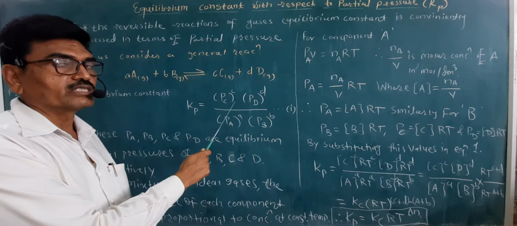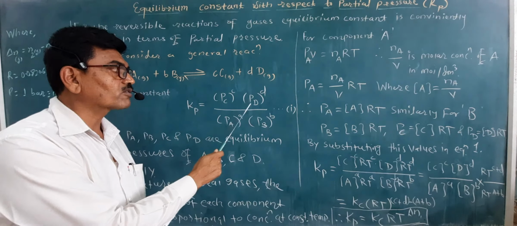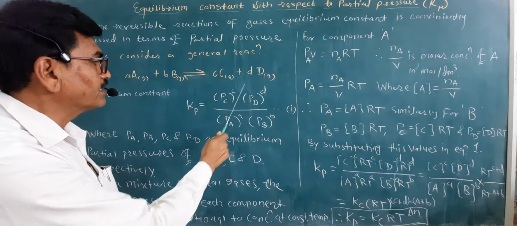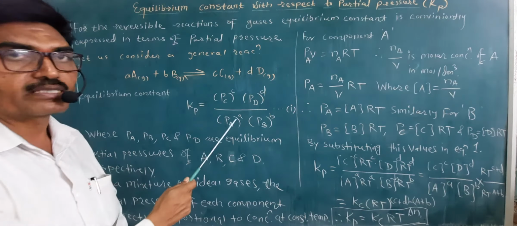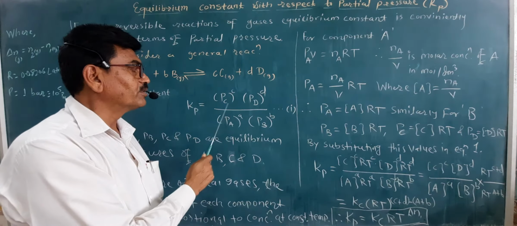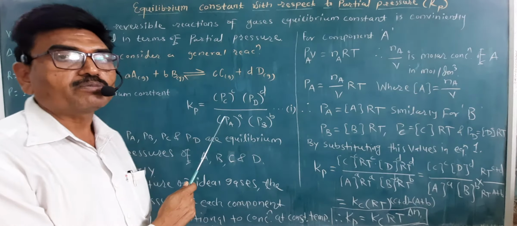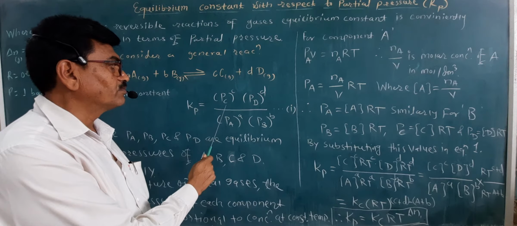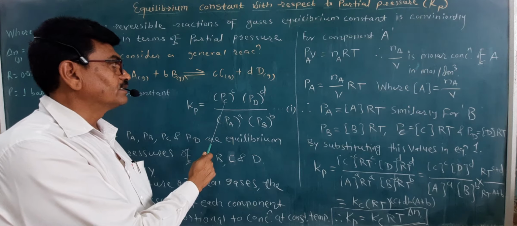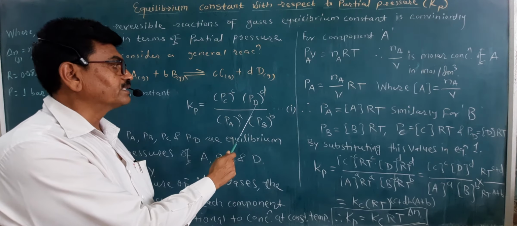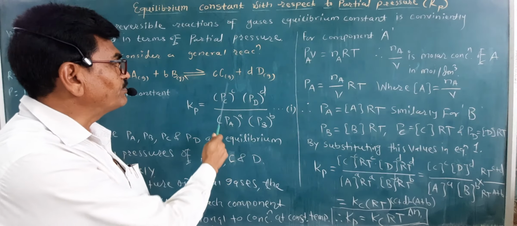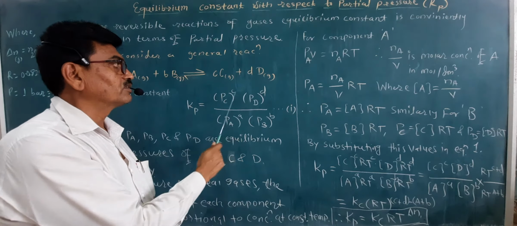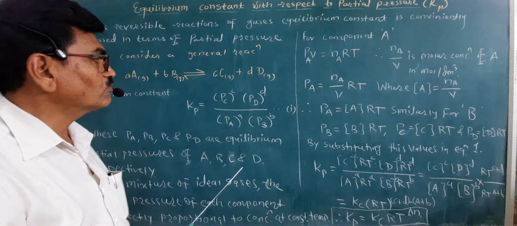Instead of concentrations, which we always represent in terms of molar concentrations using square brackets, for the gas phase reactants and products we need not write the square bracket because the partial pressures are given. But how are these partial pressures written? Look at this: Pc, the partial pressure of C, into the partial pressure of D. Furthermore, the coefficients are again written in the form of powers, so that is the only difference.